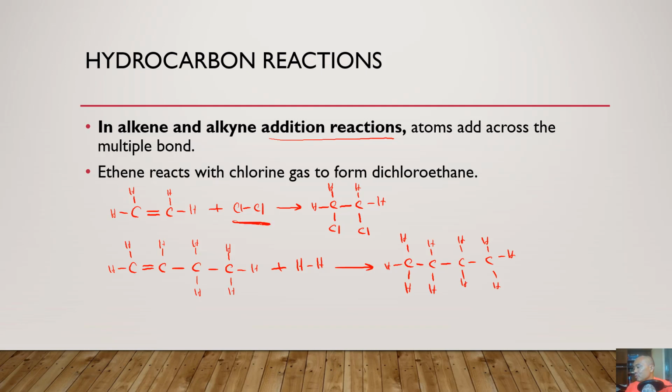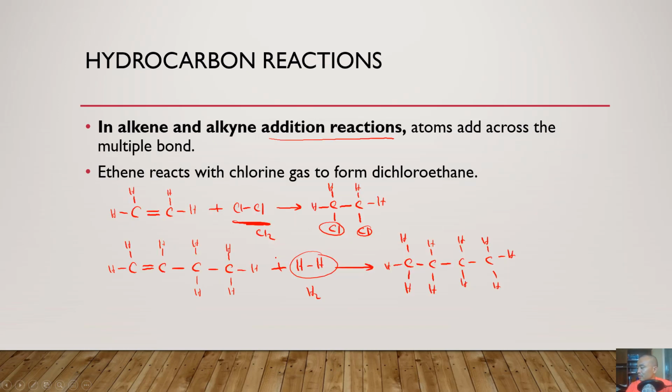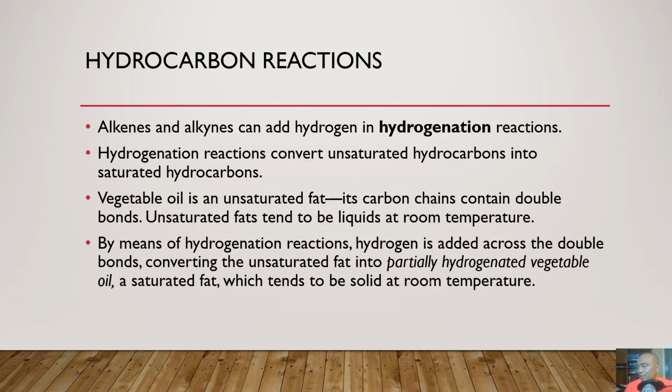Remember, if you react with chlorine, you're going to add a chlorine. If you react with hydrogen, or H2, the same thing: you're going to put down hydrogen for the vacant position. So we just demonstrated that when you add hydrogen to alkenes or alkynes, it's the so-called hydrogenation reaction.